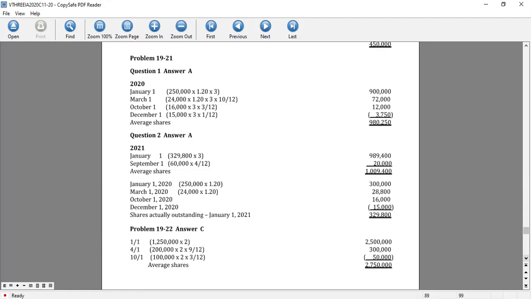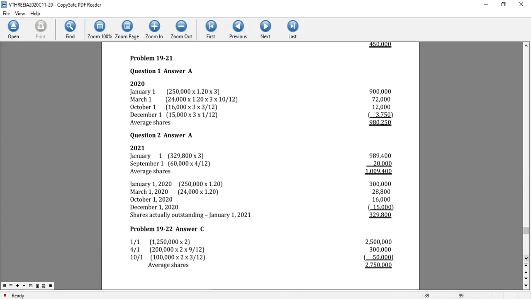On March 1, 2020, 24,000 shares times 1.20, and on October 1, 2020, 16,000, and December 1, 2020 for 15,000 shares actually outstanding in January 1, 2021 is 329,800 without giving regard to the split, because the split occurred here in June 1, 2021.